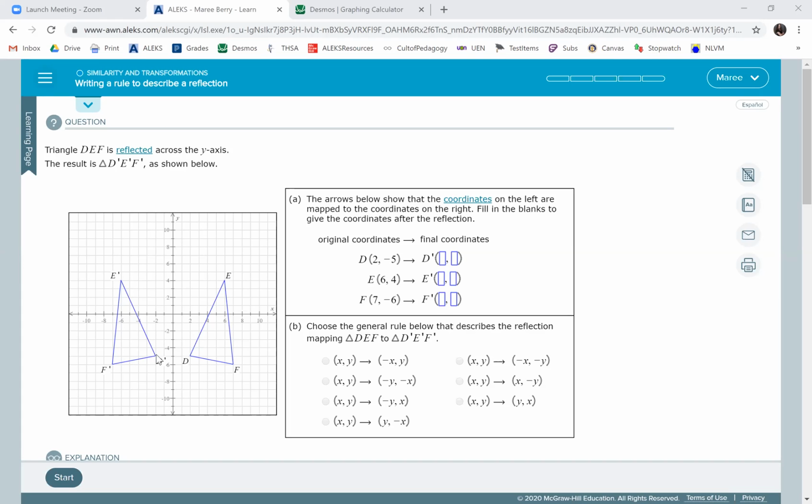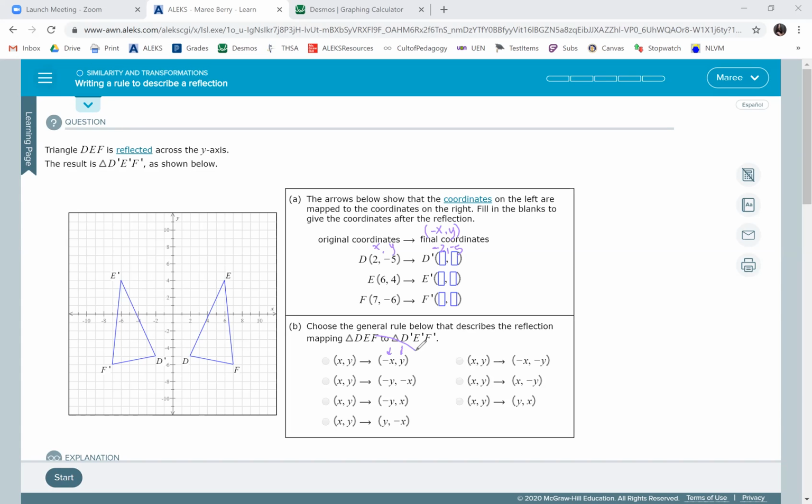So when we write down the point for the image of D, we get D prime is -2, -5. What they want you to see is that if this is X and Y, if X is 2, -2 is -X, and Y was -5, so this stayed Y. So what happens is we're taking every X and mapping it to -X, and every Y and mapping it to itself.